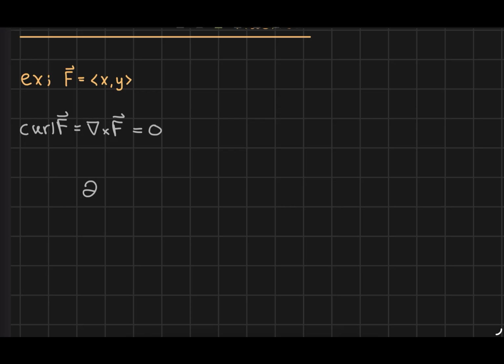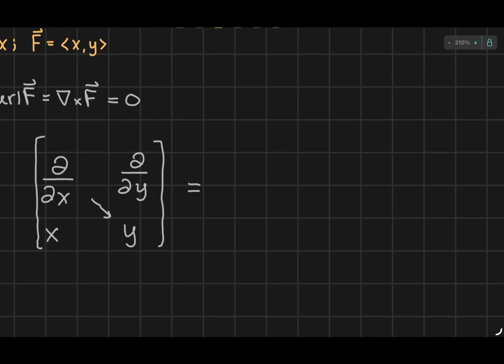So we're going to have our d dx and our d dy, and our bottom is going to be x, y, and we're making a determinant here. We're going to multiply these two right here and then subtract these two right here. So we're going to have d dx of y minus d dy of x.